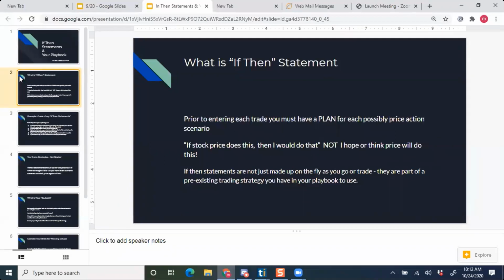Okay, and that's their plan. All right, and they're not accounting for so many different aspects of price action that can happen along the way, and they get caught off guard and they don't know what to do.